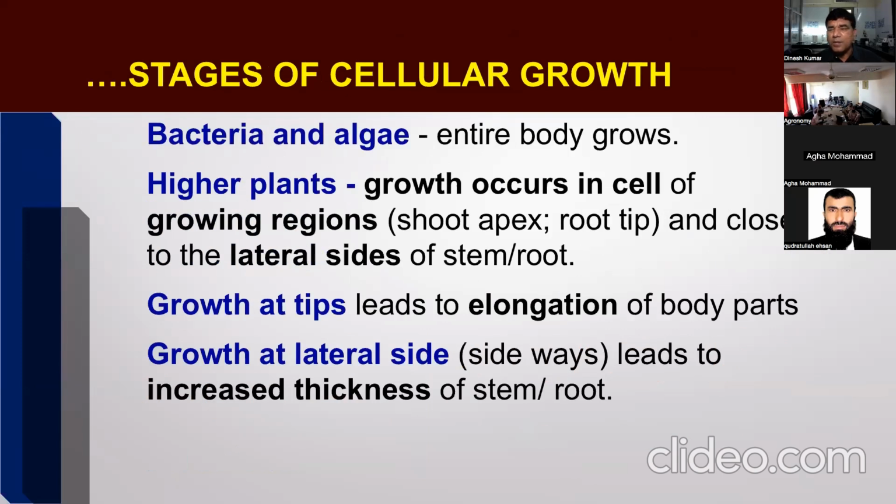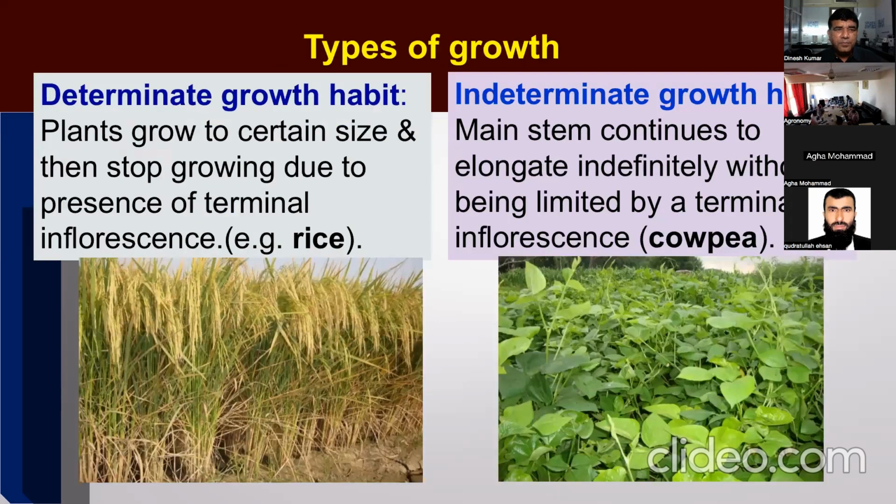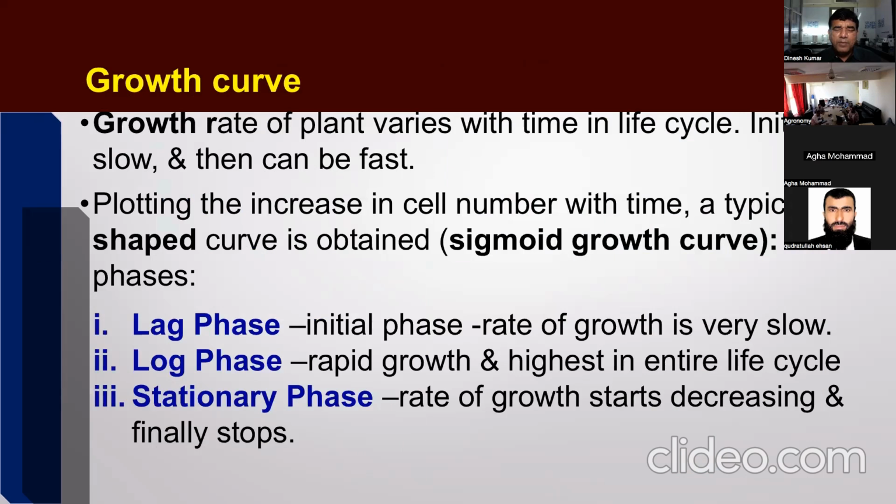And we know that growth occurs in the top region, in the apex region, and also laterally. We could see the difference in determinate and indeterminate growth habit of the plant. We have seen three phases of the growth curve: lag phase, log phase, and stationary phase.